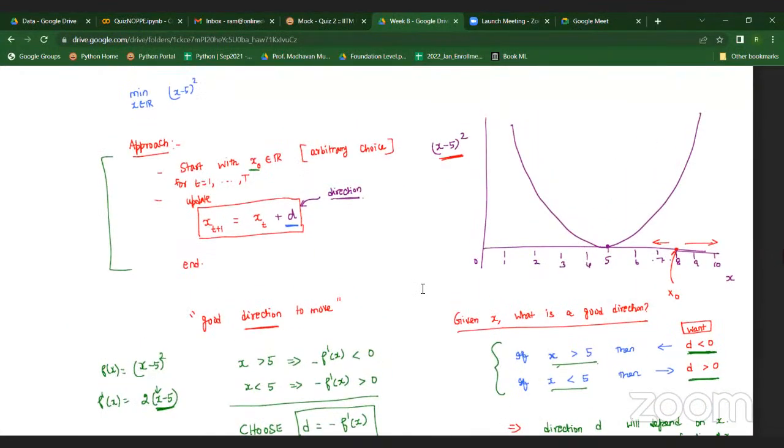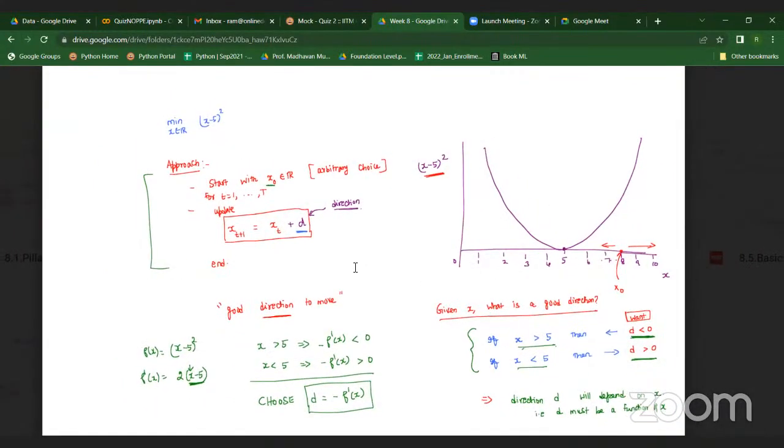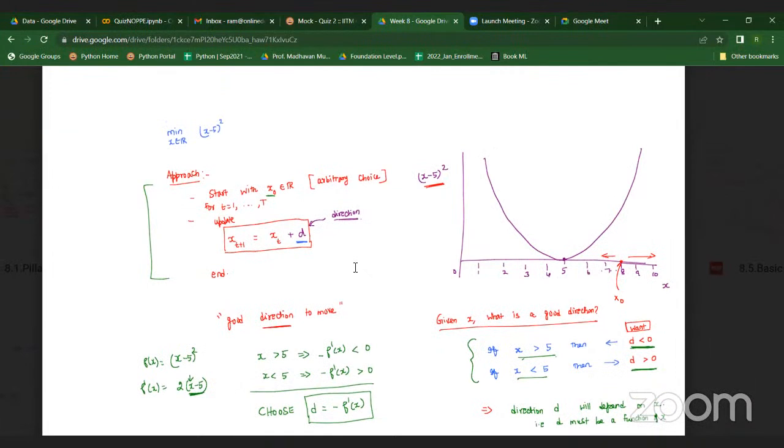So until now we have been equating f dash of x to 0, which is the direct solution. Through an iterative process we also get to the solution. Sometimes solving f dash of x equals 0 might not be straightforward and could take a lot of computational time.